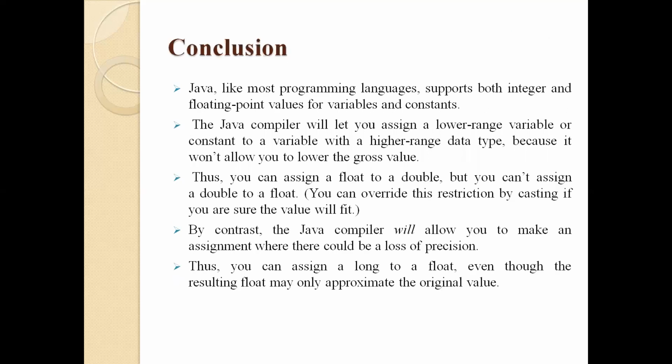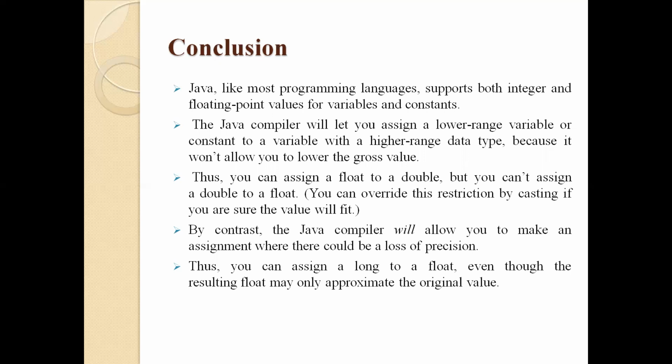The conclusion of this topic is that Java, like most programming languages, supports both integer and floating point values for variables and constants. The Java compiler will let you assign a lower range variable or constant to a variable with a higher range data type because it won't allow you to lose the value.